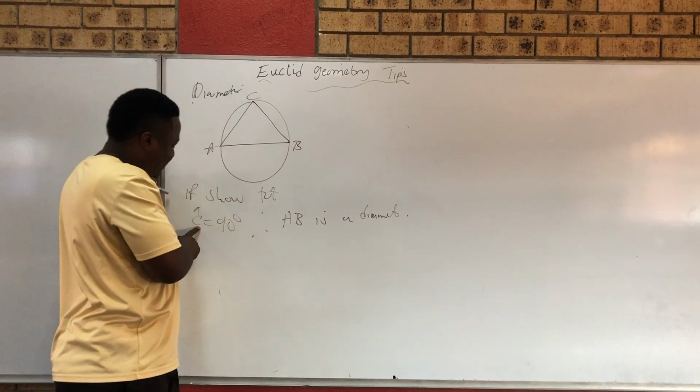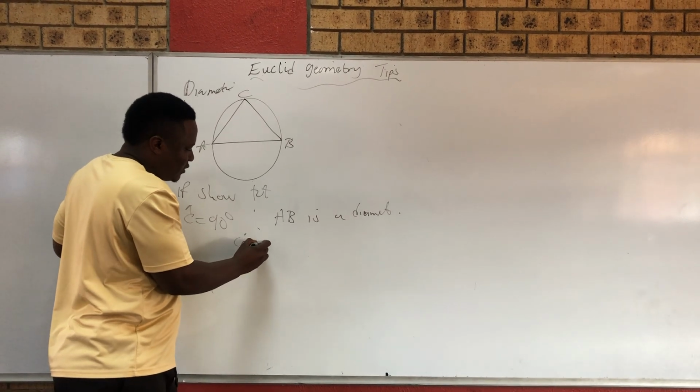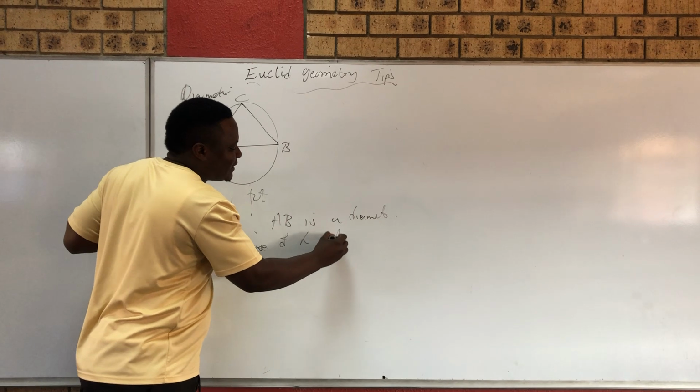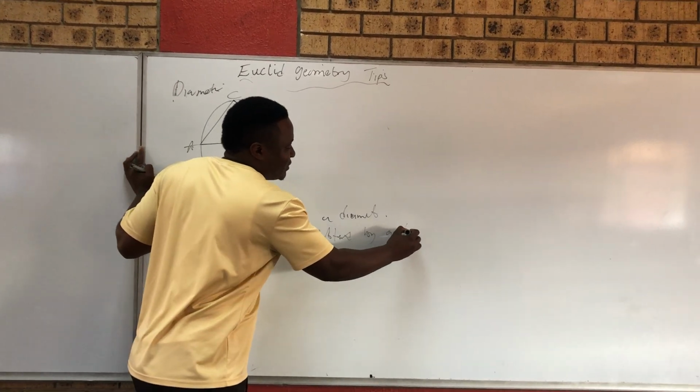It's a diameter because angle C equals 90. This is a converse of angle subtended by a diameter.